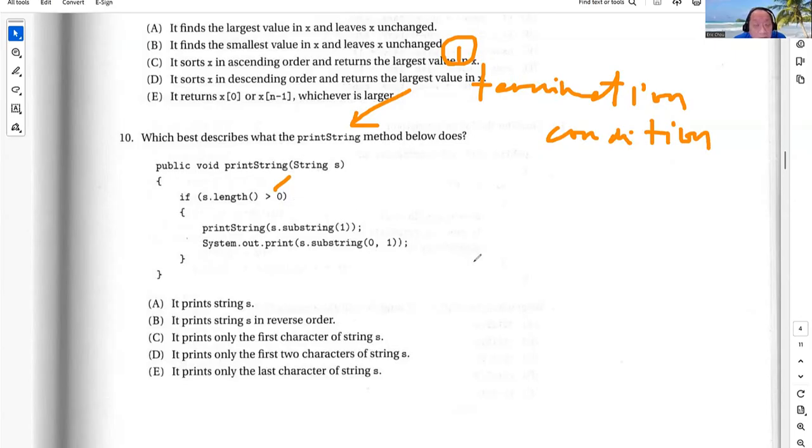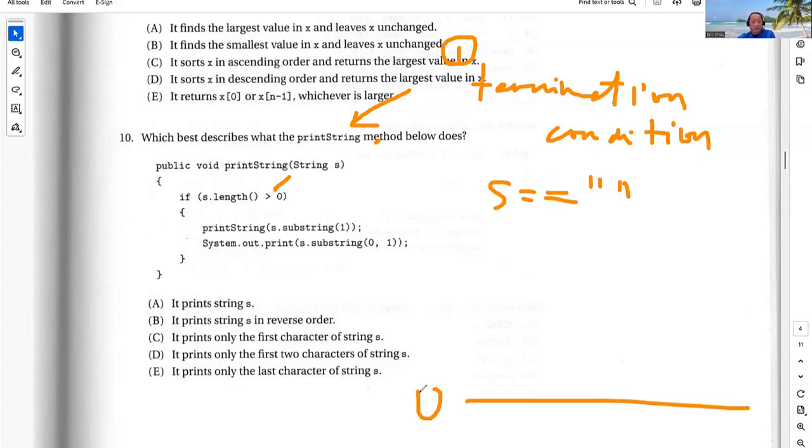So what is not greater than 0? You have a string. What does it mean by not greater than 0? That means that S is equal to the empty string. Okay? So its termination condition is that you actually go down to 0, the empty string, then you will terminate.